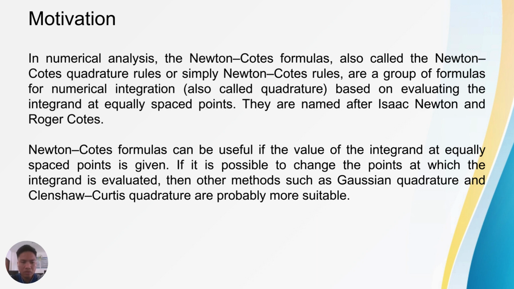The Newton Cotes formulas can be useful if the value of the integrand at equally spaced points is given. If it is possible to change the points at which the integrand is evaluated, then other methods such as Gaussian quadrature and Clenshaw-Curtis quadrature are probably more suitable.